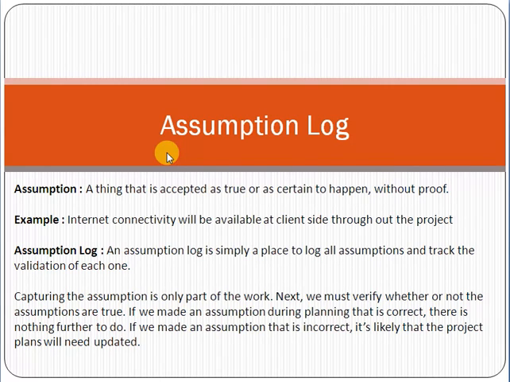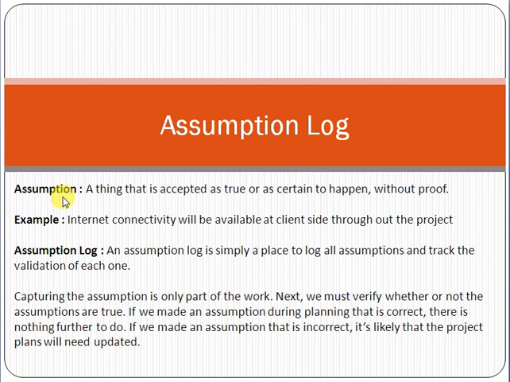So what is basically the assumption log? Before trying to understand the assumption log, let me first explain what an assumption is. Friend, an assumption is basically a thing that is accepted as true or as certain to happen without any proof. It's a very interesting and funny definition.